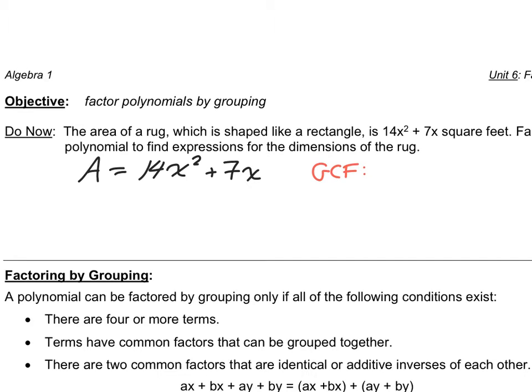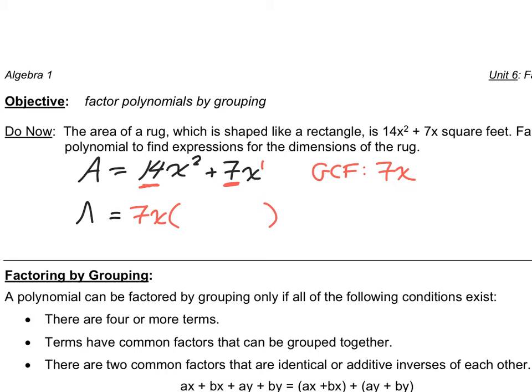I need the largest number that divides evenly into 14 and 7. That's 7. And then I need the variable that's raised to the lower exponent, just an x. That's going to be the multiplier of the binomial that gives us the area.